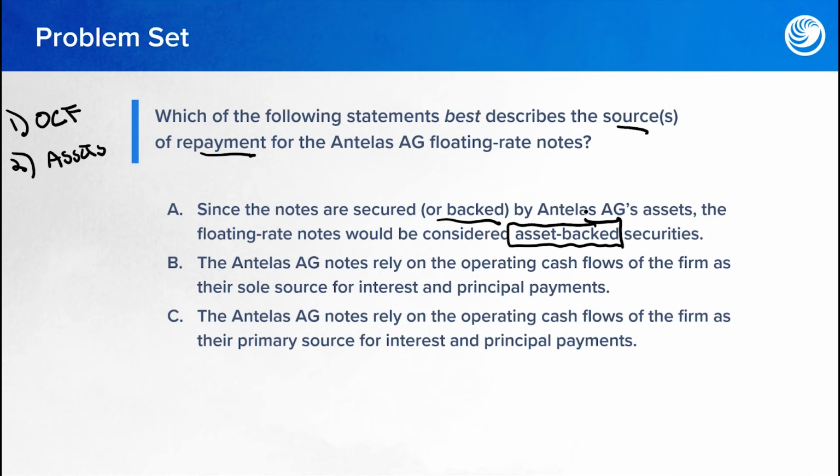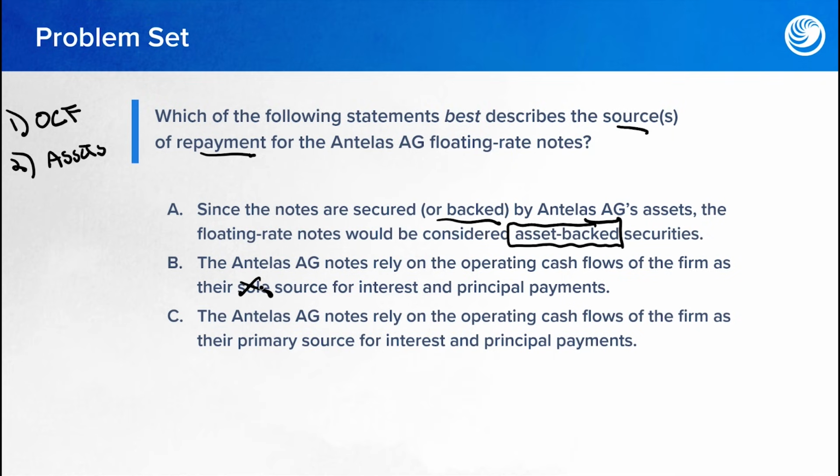Asset-backed securities set aside, again, could be credit card receivables, it could be accounts receivable, sometimes the specific assets could be inventory, or it could be PP&E, or pledged collateral. The notes rely on the operating cash flow, not as their sole source. That's their primary source of repayment.